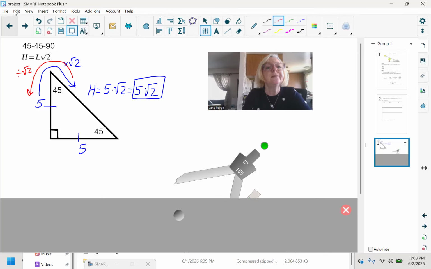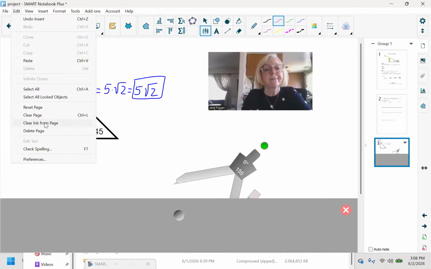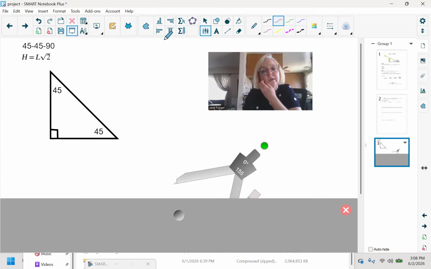So let me erase that. And let me give you an example of how to do it. Let's say I'm going to give you, you know what, the hypotenuse is 6, right? So to get to the leg, I have to divide by square root of 2. So if we multiply by square root of 2 to get here, to go backward, we have to divide by square root of 2.